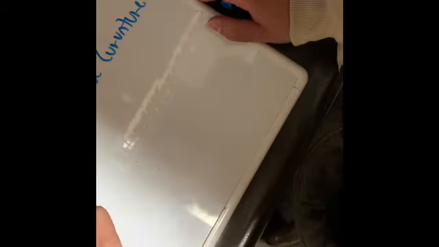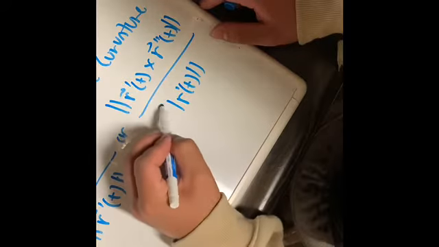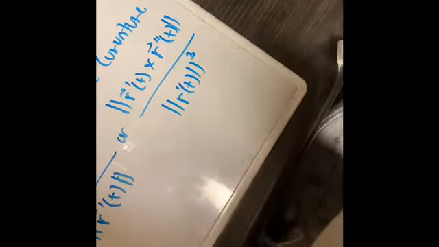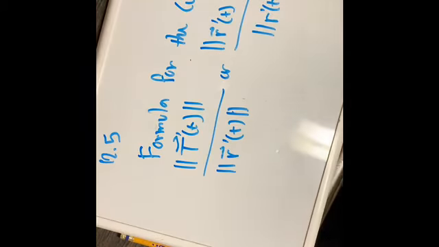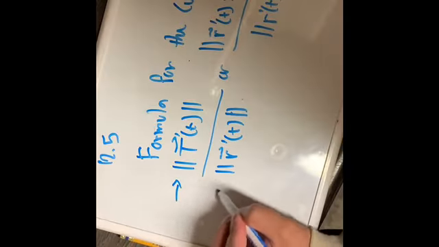It will be the norm of the vector T prime of t over the norm of the vector r prime of t, or you can do the norm of r prime of t cross product r double prime of t over the norm of r prime of t cubed. And so we need to know what each one is.